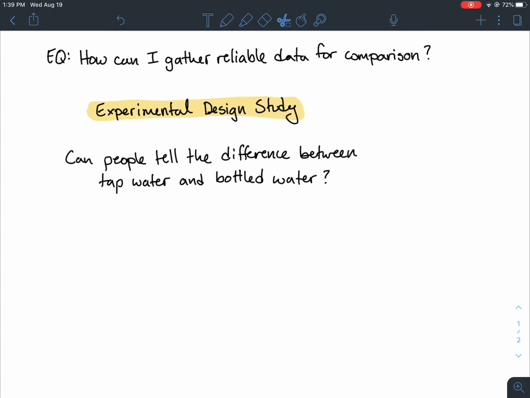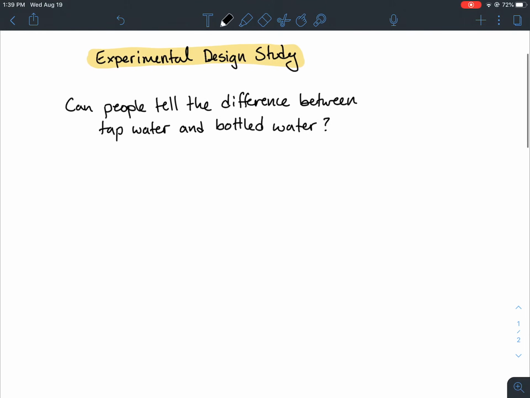So, first things first, in order to build an experimental study, we're going to have subjects. And so we're going to take people, so we're going to have a population. In this case, it's anybody who drinks water. So everyone. We'll just put everyone.